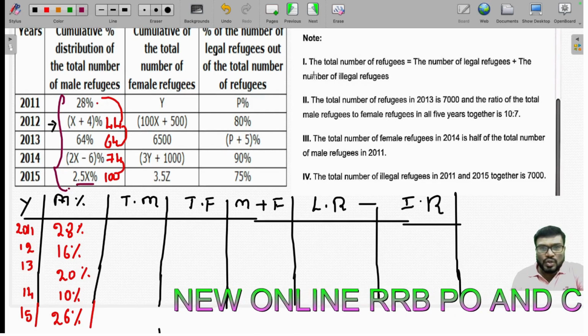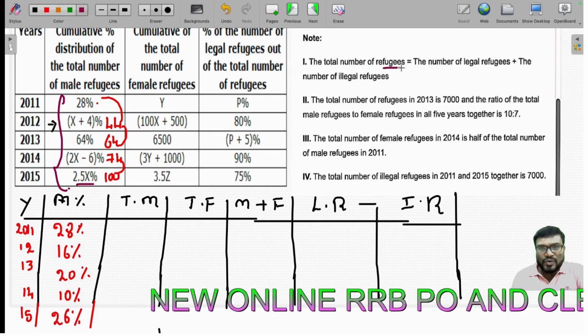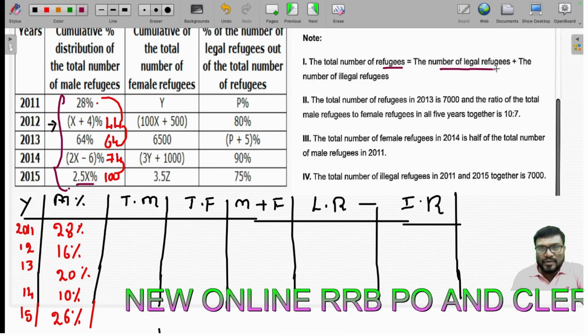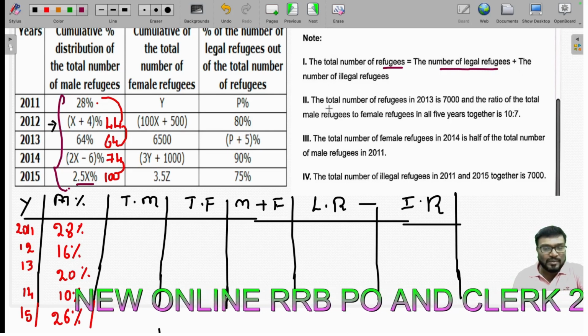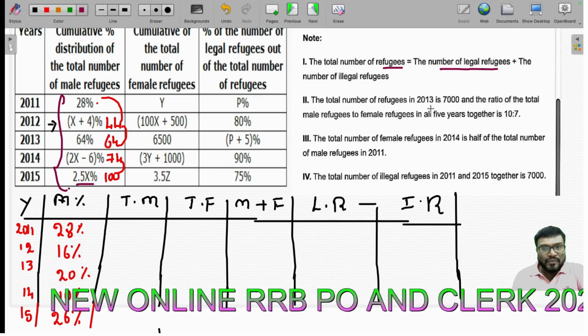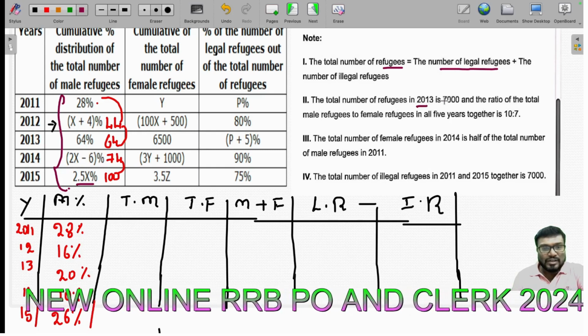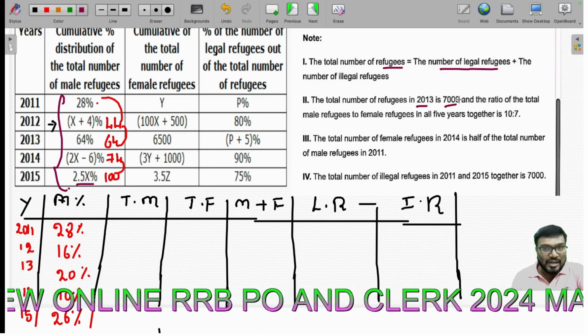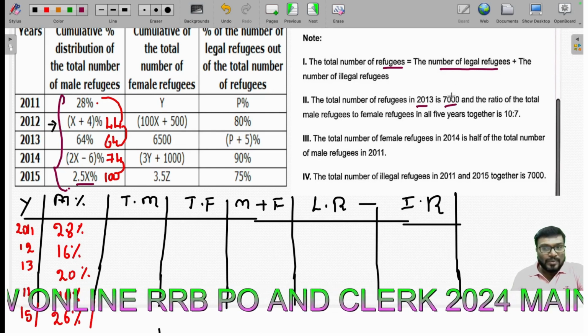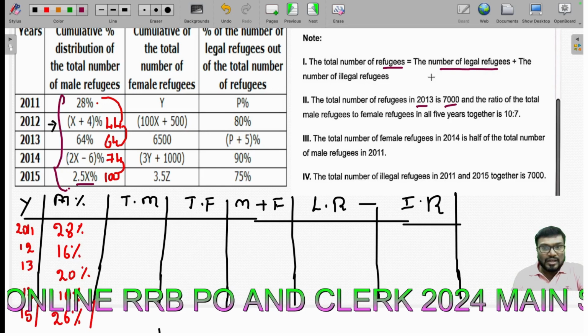The first note: the total number of refugees is equal to the total number of legal refugees and the number of illegal refugees. And also, in 2013 we have 7,000 total number of refugees, that is legal and illegal.